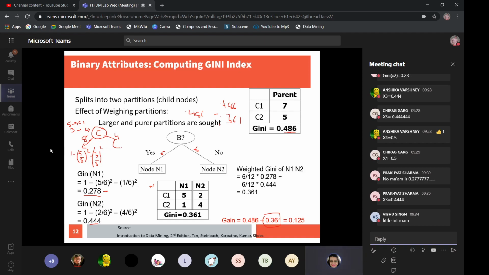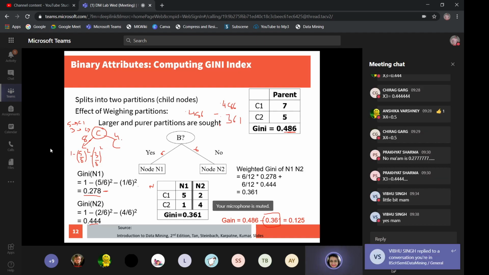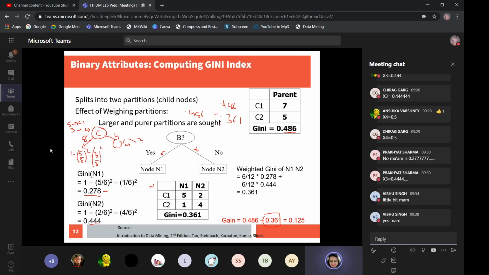And on the other side, let's say it gave you 4 records, 2 belonging to yes and 2 belonging to no. I'm just taking some assumptions about which records belong to which class. So 1 minus (2 by 4) squared minus (2 by 4) squared.